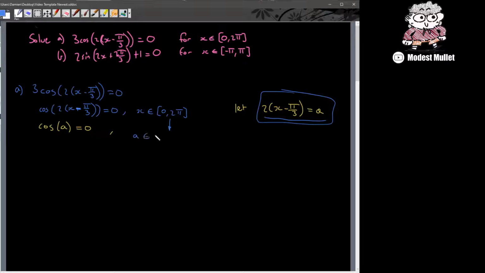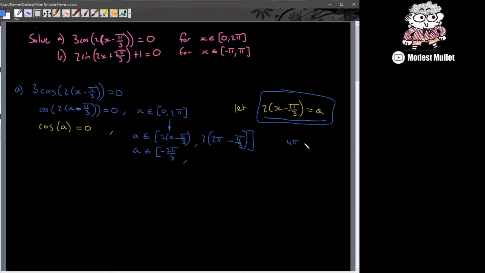So a is an element of, we substitute 0 in, so we get 2(0 minus pi on 3), and then we also substitute 2 pi in, 2(2 pi minus pi on 3). So a needs to be within the domain of negative 2 pi on 3, and 2 times 2 pi, which is 4 pi, minus 2 pi on 3.